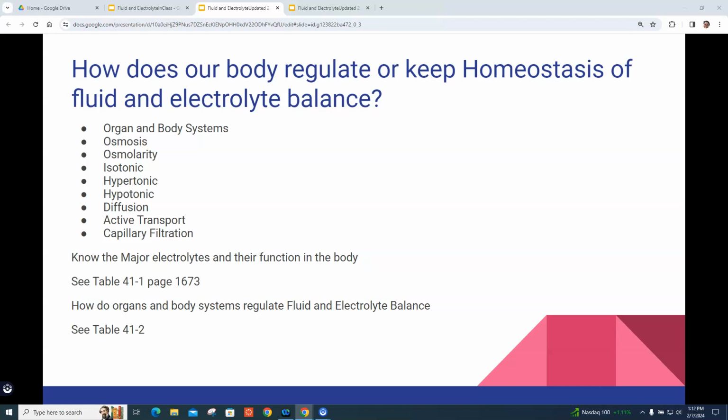On that table, you can also see that they have a nice little list of functions, sources, and how it is regulated. This table is going to be key in understanding your electrolytes. So for example, in sodium, we can see the list here. It says it regulates extracellular fluid volume.